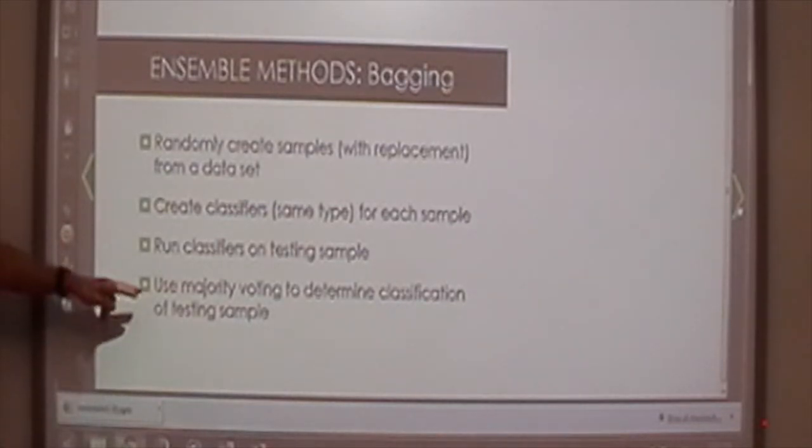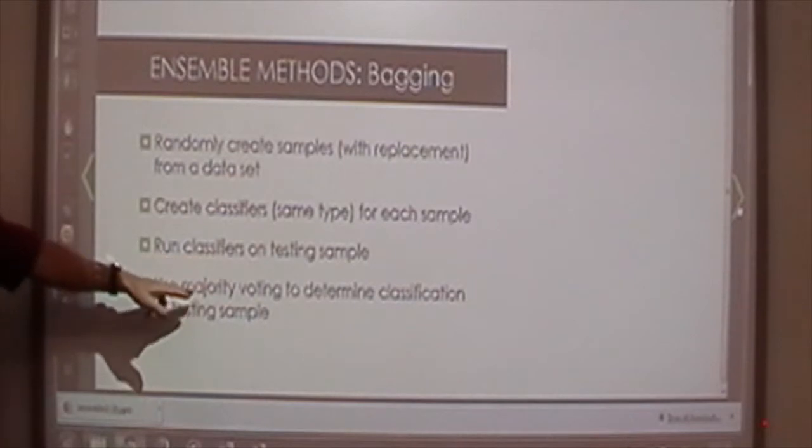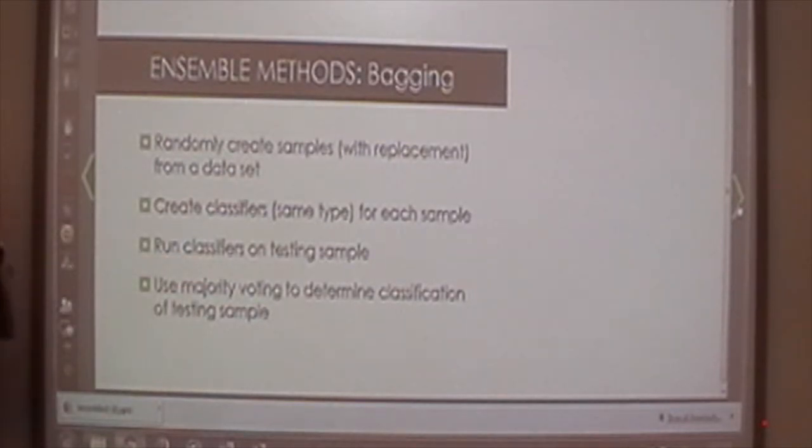A common combination approach is simple majority voting amongst all of these classifiers from your random training sets. So is the big picture fairly clear?